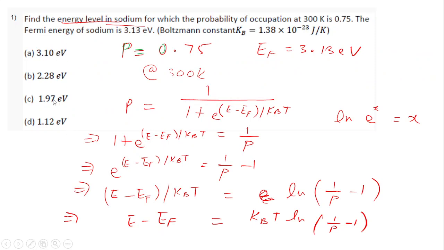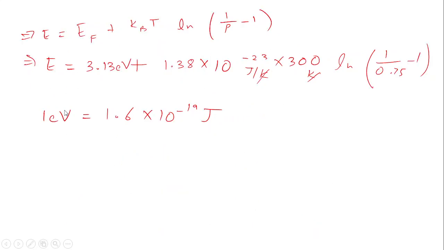Okay, so I need to keep everything in electron volt. That means I need to convert this joule into electron volt, and that means 1 joule will be 1 divided by 1.6 times 10 to the power minus 19 electron volt. So I need to convert this.